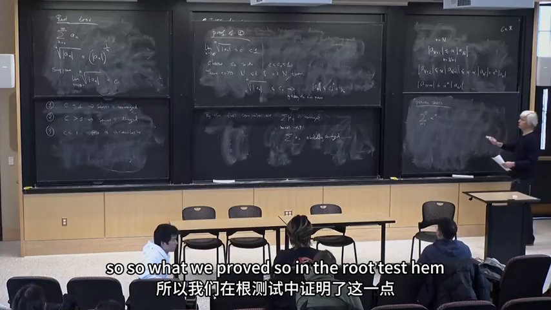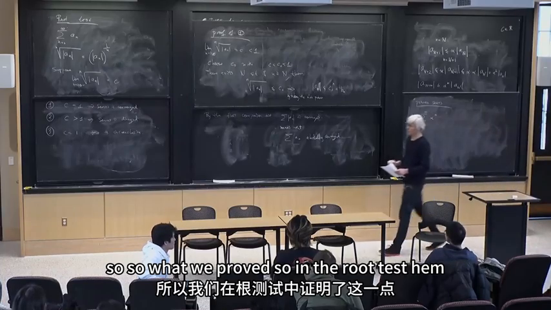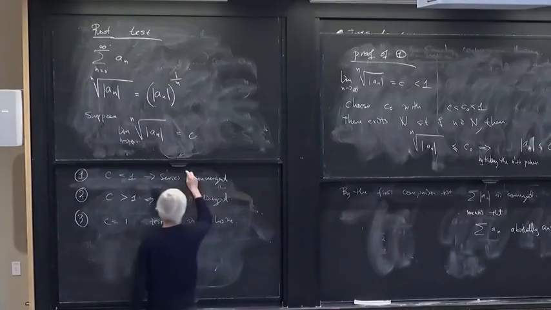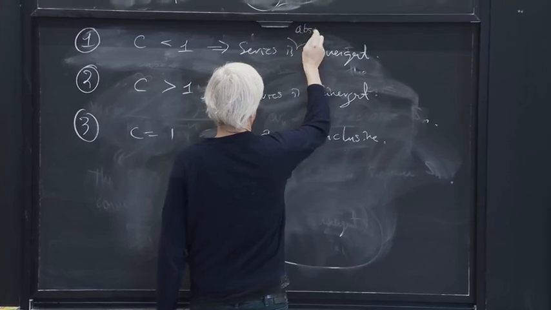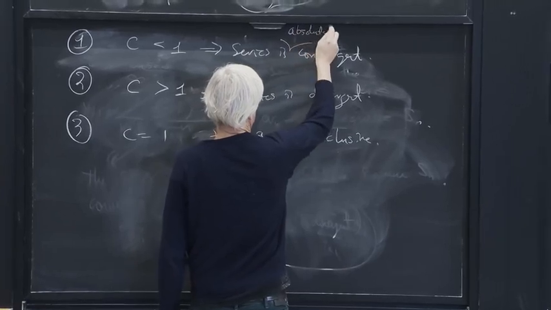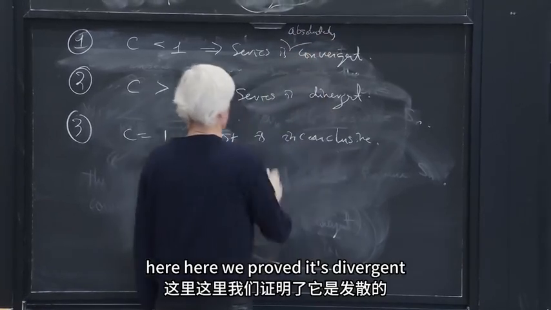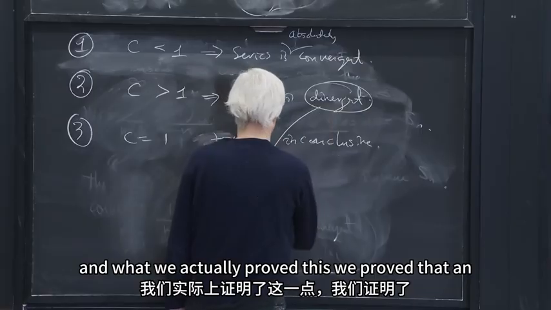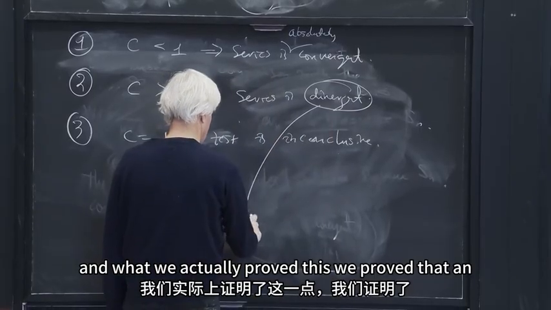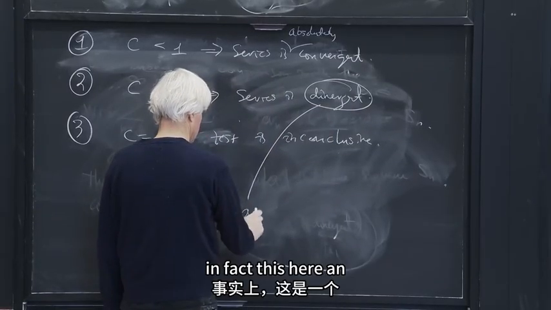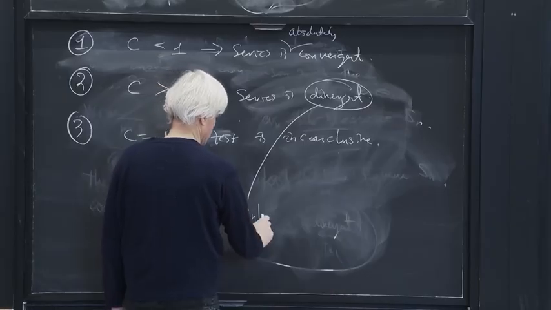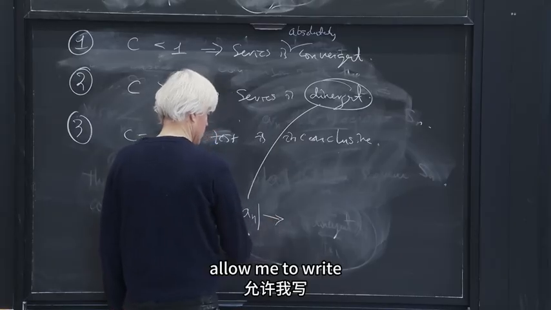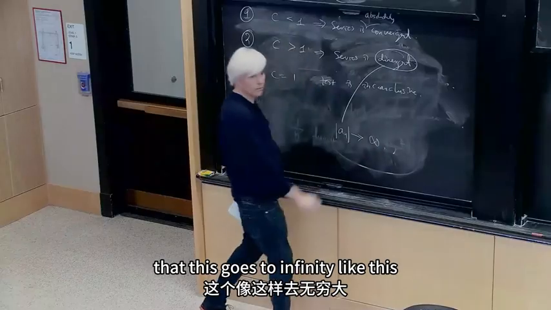So what we proved, in the root test here, is that the series is absolutely convergent. Here we proved it's divergent, and what we actually proved is that this an goes to infinity.